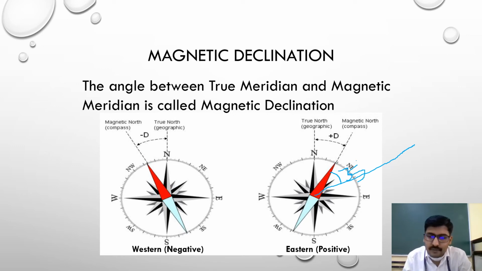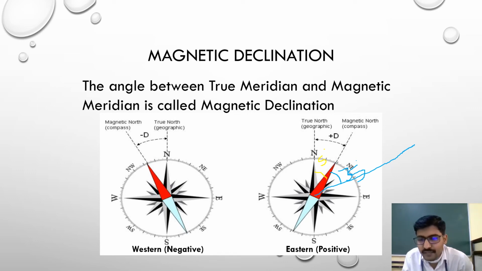I measured this keeping the compass at a particular place, and found that the bearing of the line is 35 degrees. Now I know the declination at this place. Declination is 5 degrees east. East means the magnetic north is towards the east of the true north, so I am showing it here as 5 degrees east.